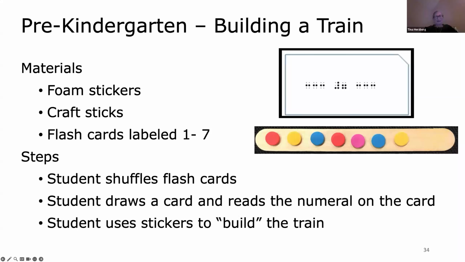So they shuffle the flashcards, then they draw a card, they read the numeral on the card, and then afterwards they use those stickers to build their train, and they really love it. Now, what we tell you to do at the very end of the activity is to hold on to the trains that your student makes, right?